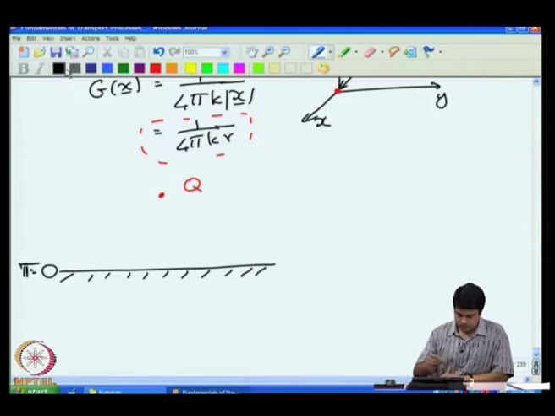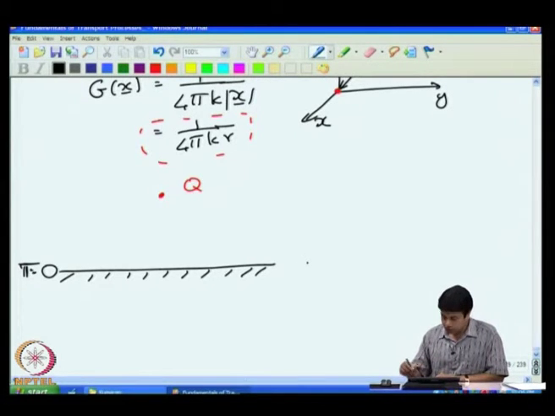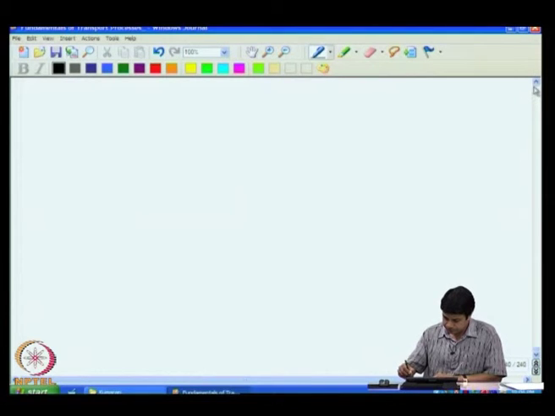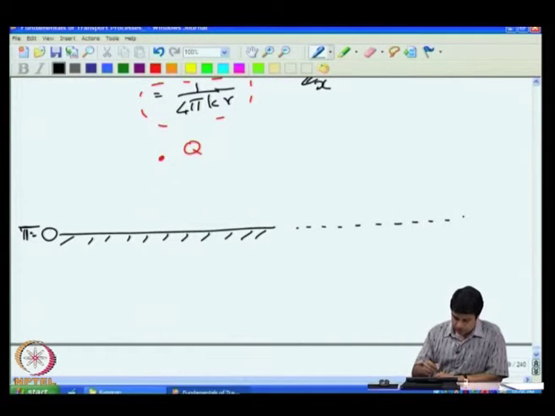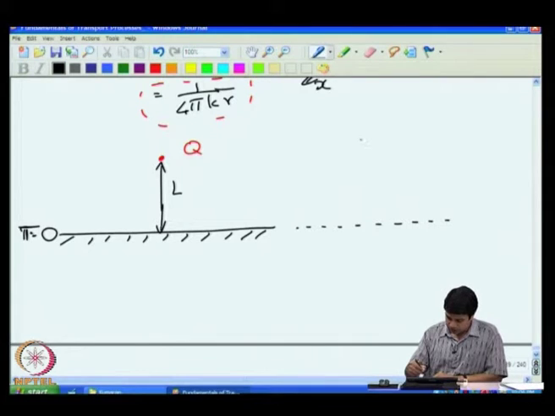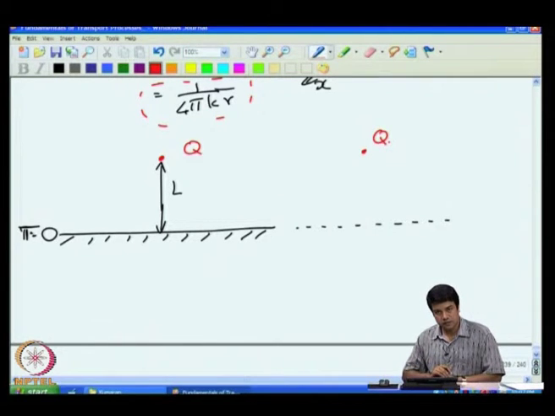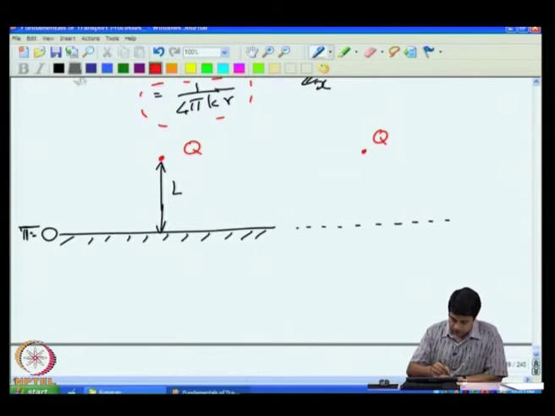Let us say I have another system where I do not have a wall. So, this wall is not there. In this case let us say that I have a source q at a distance L from the surface. I consider an alternate configuration where there is no wall, there is a source of strength q at a distance L from the surface.